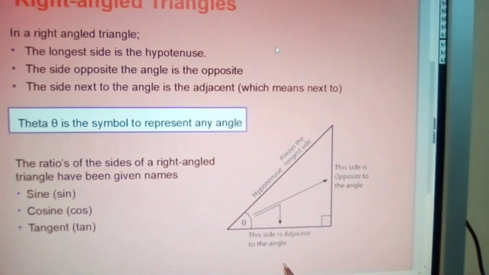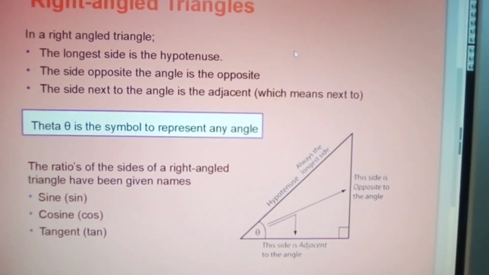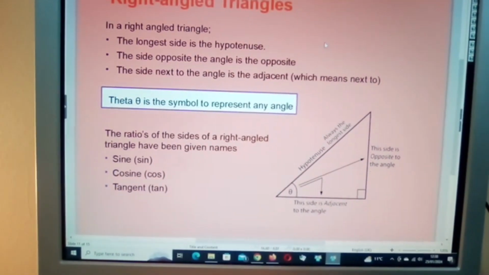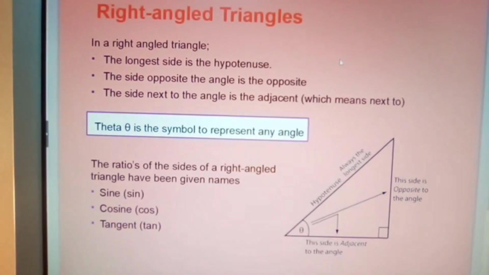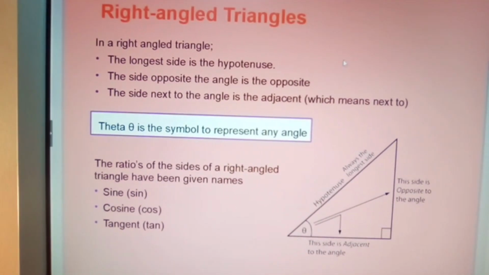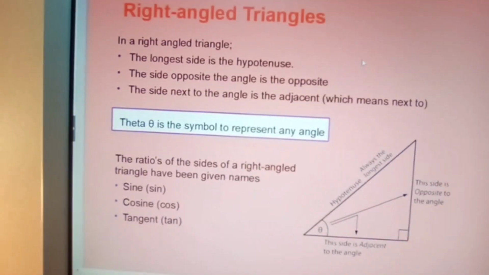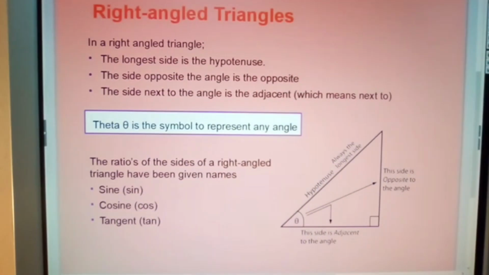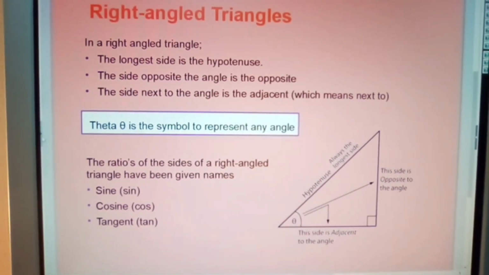And you have sine, cosine, tangent, etc.